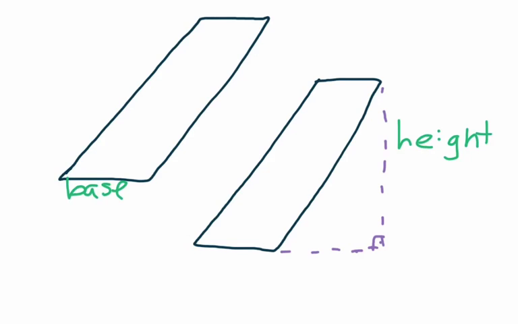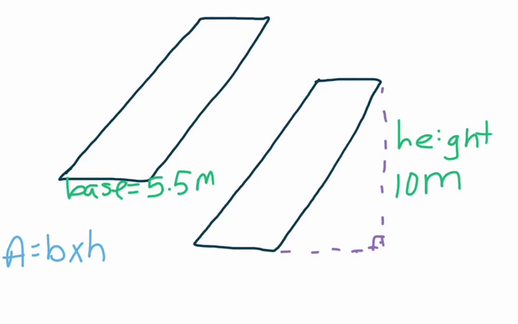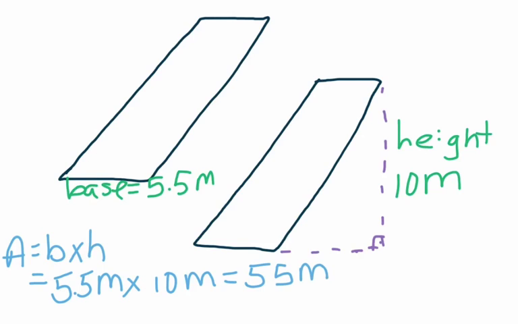So if our measurements were, our base was equal to 5.5 meters and our height was equal to 10 meters, go ahead and calculate what the area would be. The area you should have gotten was 55 meters squared.